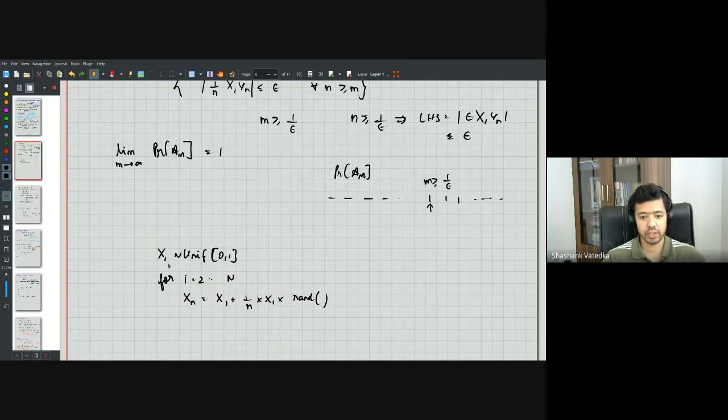This would generate the sequence x1, x2 up to x capital N, and you can see how this behaves.